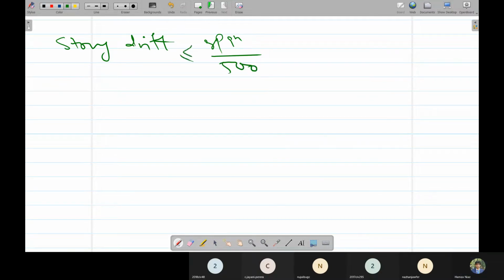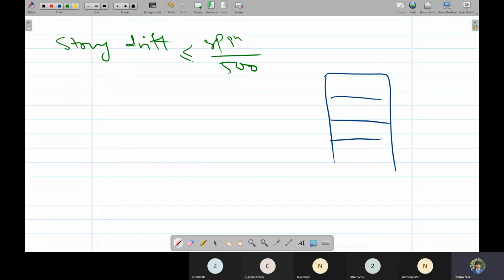Story drift is this: if this is a multi-story building and it is acted on by wind load, then it would sway in this direction. So this deflection we call delta H, the story drift.